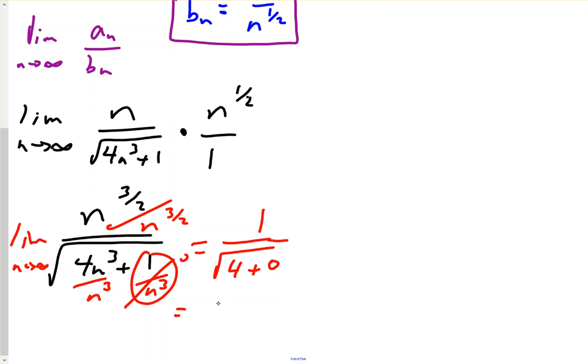So we have 1 over square root of 4, which is 1/2. Okay, so this 1/2 is our limit, and the limit is greater than 0. So we would say that because bn diverges by the p-series, then an would diverge by the limit comparison theorem.